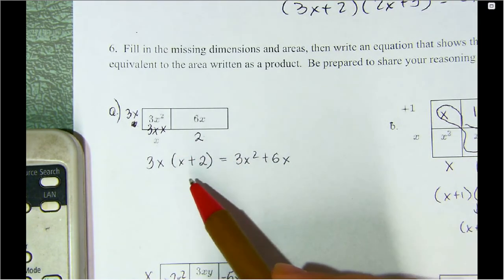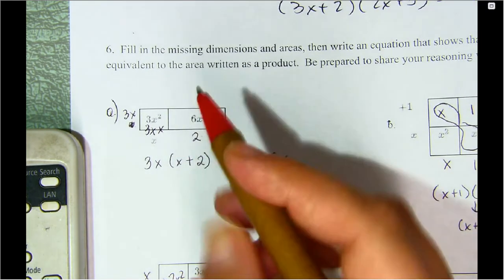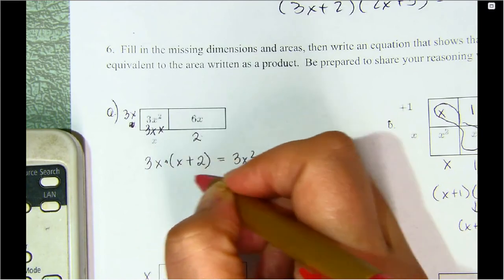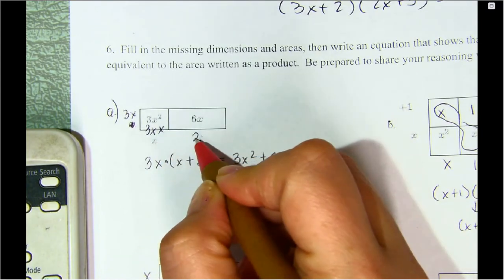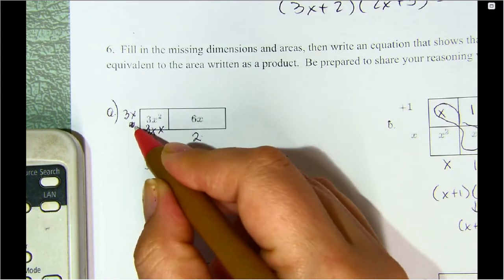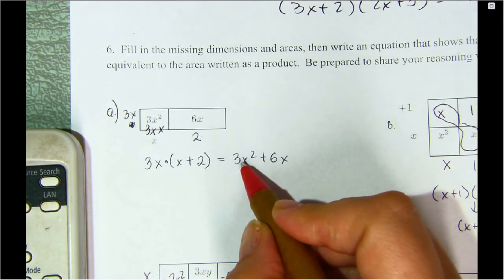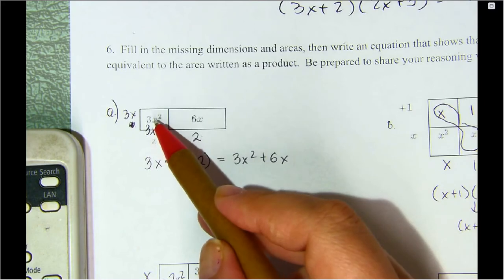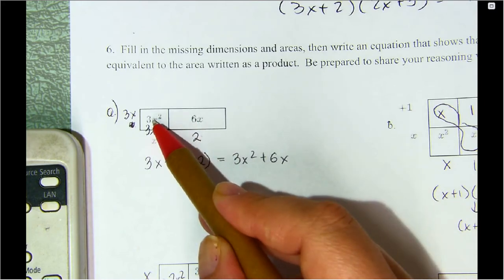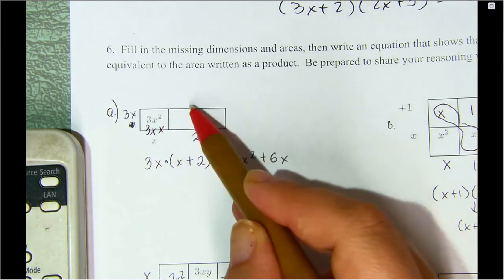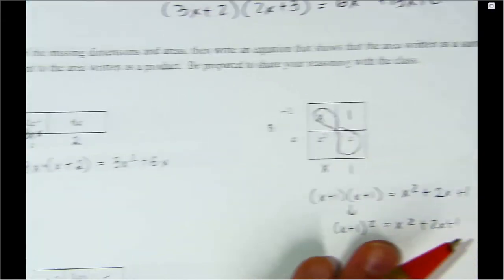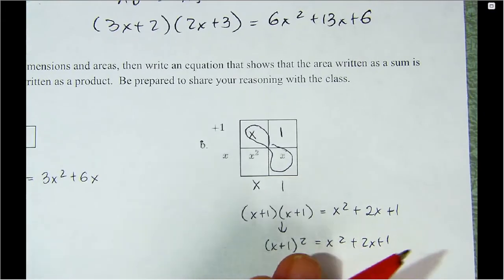Now, this represents area as a product. So base x plus 2 times height, which is only 3x. There's no other addition here. And that equals area as a sum, meaning the sum of the areas: 3x squared plus 6x.